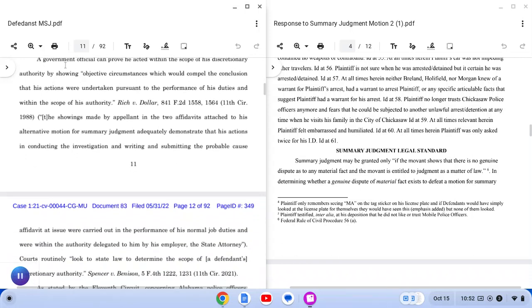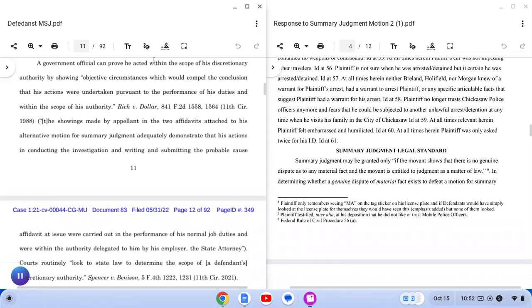A government official can prove he acted within the scope of his discretionary authority by showing objective circumstances which would compel the conclusion that his actions were undertaken pursuant to the performance of his duties and within the scope of his authority.